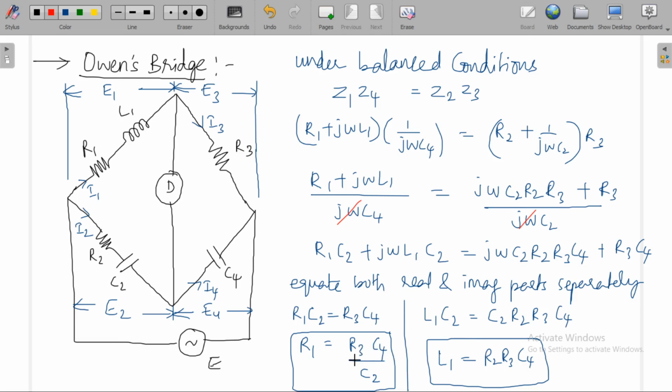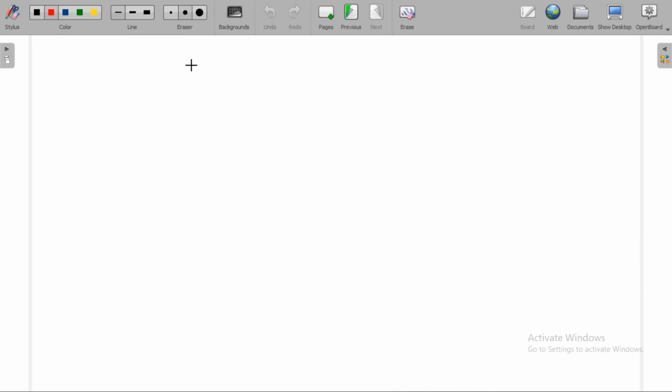So one should not vary R3 and C4, as these two are common to both balance equations. So it's better to vary C2 and R2. If I choose C2 and R2 as variables, then I can make these two equations independent of each other.